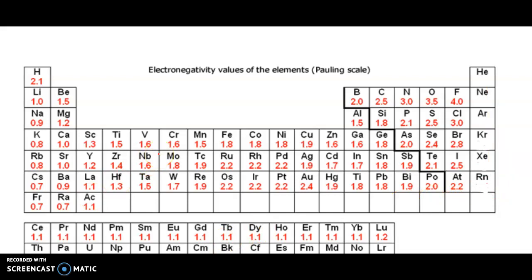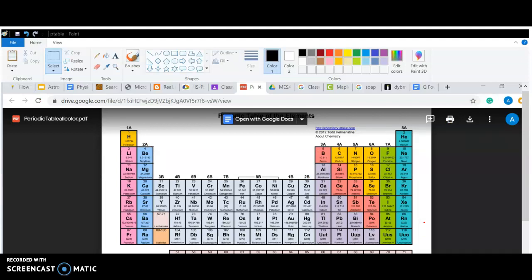Okay, now let's talk a little bit about polar covalent bonds and non-polar covalent bonds. So we'll go to the next screen here, maybe. All right. So let's say I have 2 fluorine atoms, right?